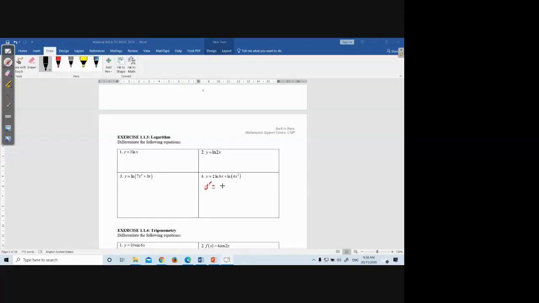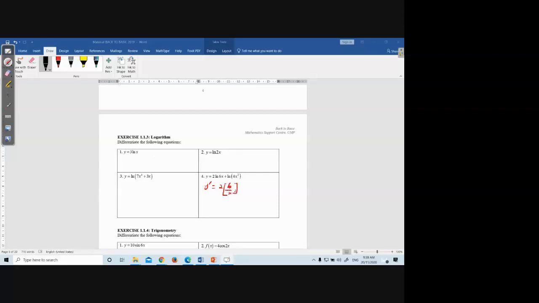So what is y prime? You have the material with you, right? So you have the formula with you. So we copy 4, because this is a constant. So how are we going to differentiate ln 6x? 6 over x, remember? Very good.